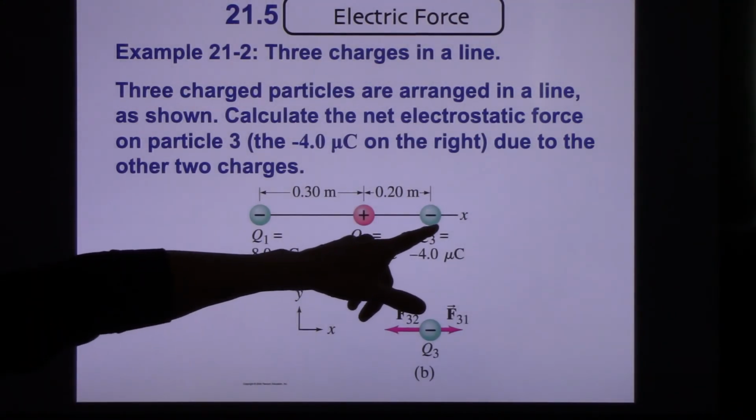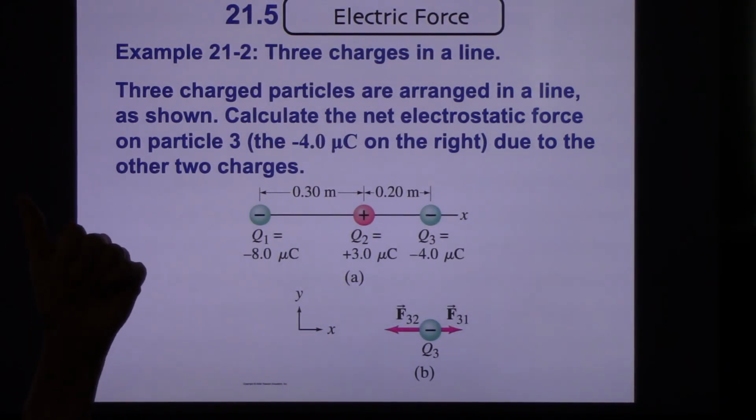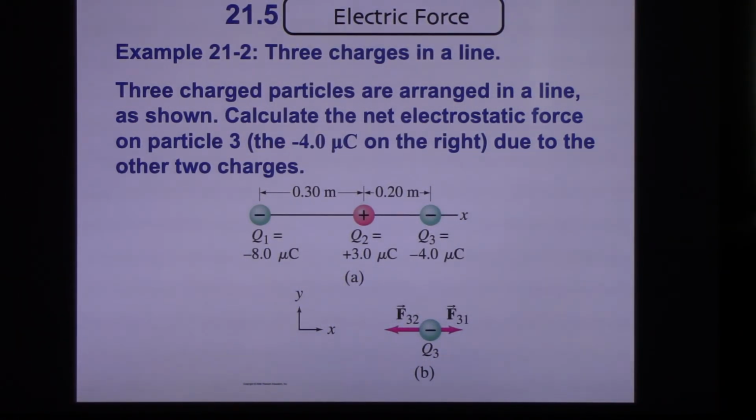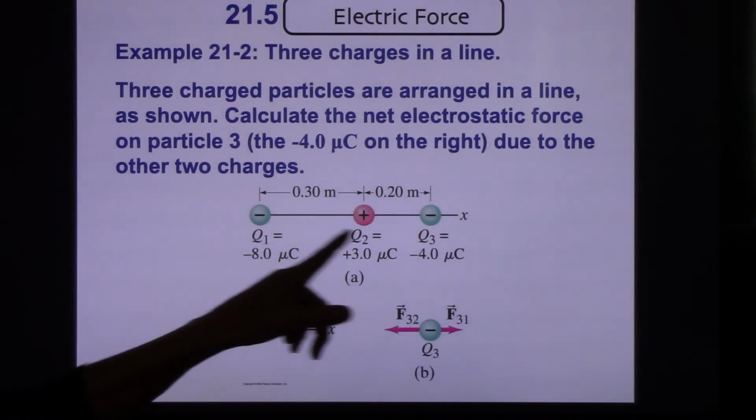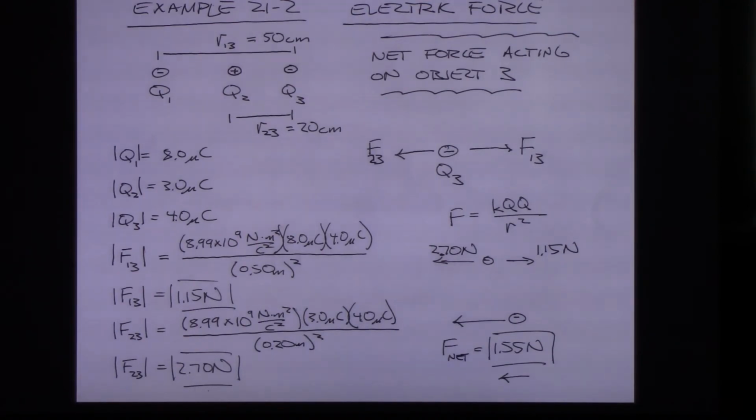What's going to happen is, at least initially, object 3 is going to experience a force towards the left. That means it will begin to accelerate. There is a net force on object 3. It will start accelerating in the left direction if we let go of it.